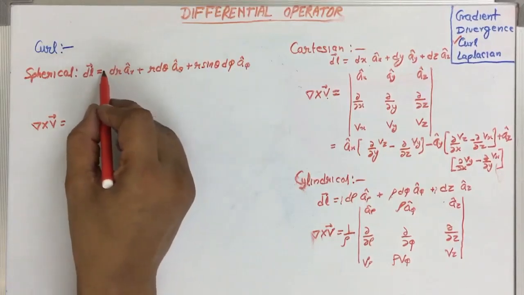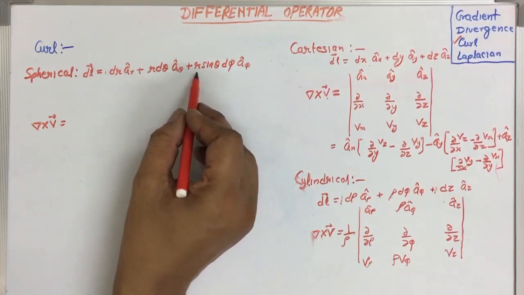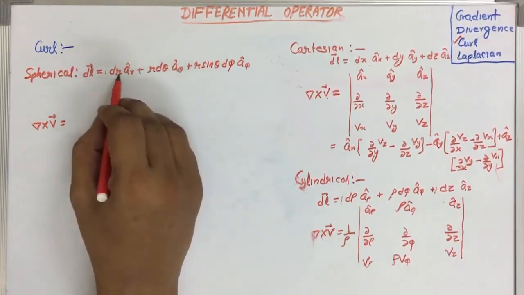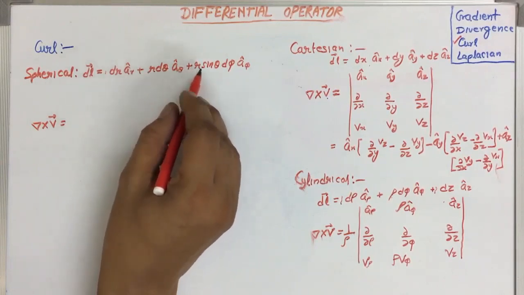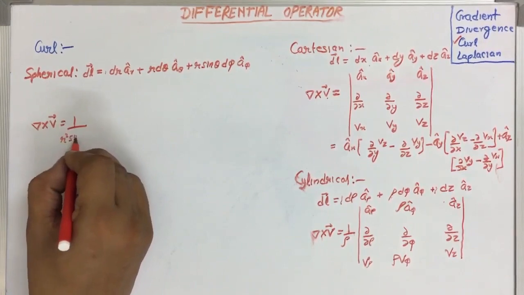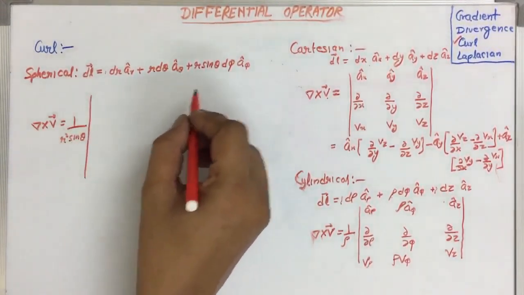What are the coefficients here? 1, r, r sine theta. So multiply the coefficients, 1 multiplied with r multiplied with r sine theta, it will be 1 by r square sine theta. So this will be like that.